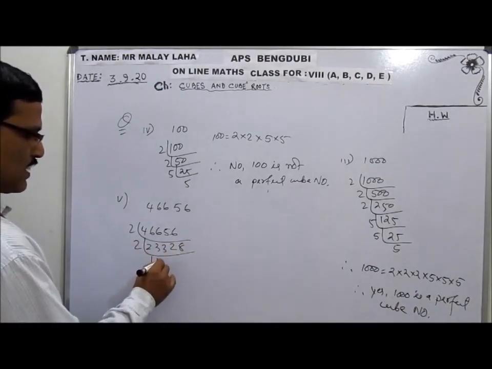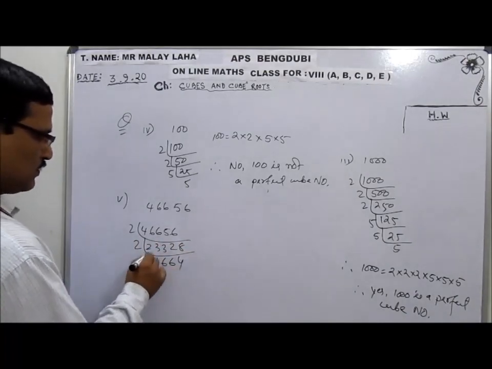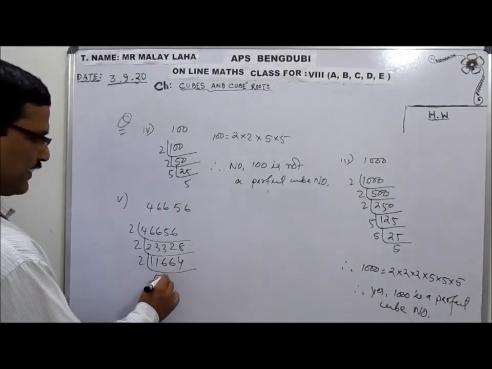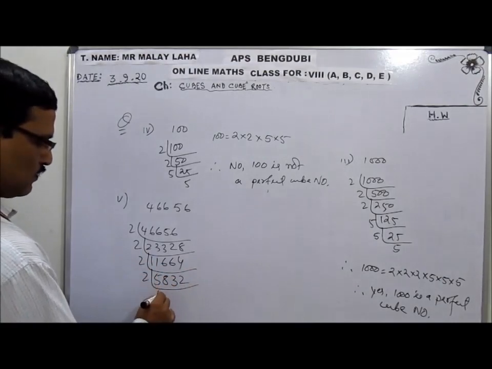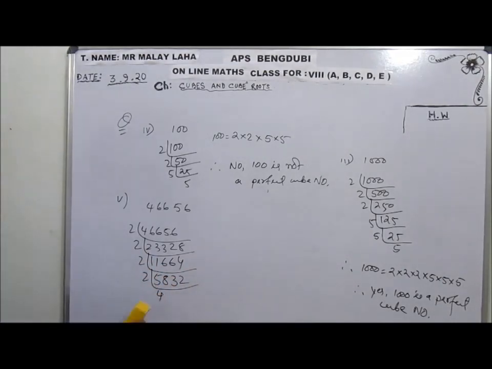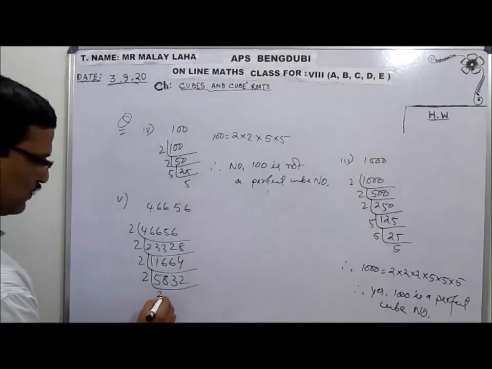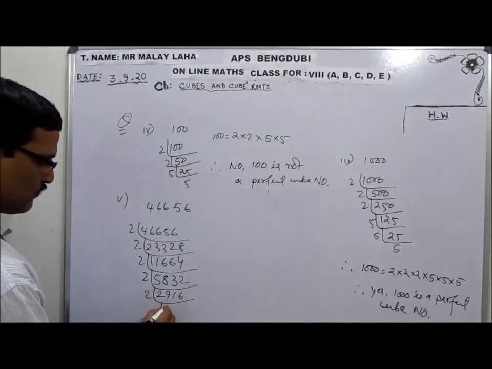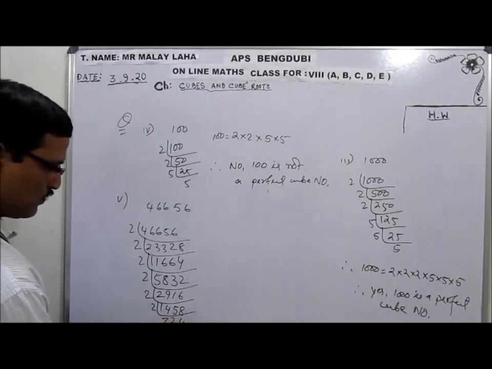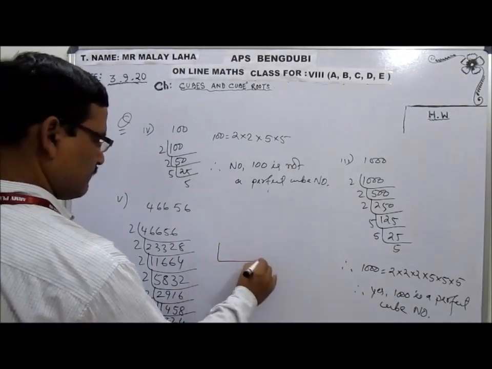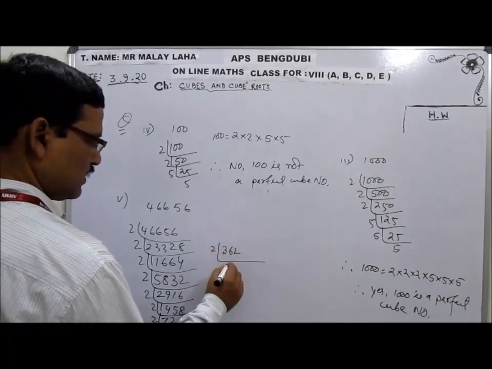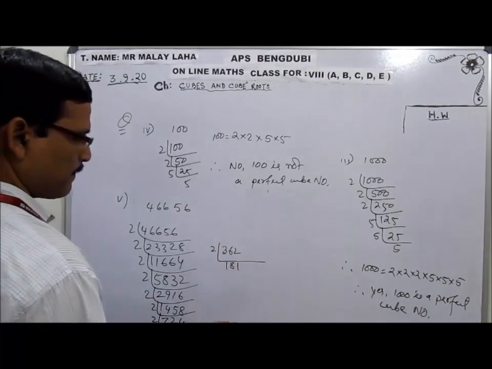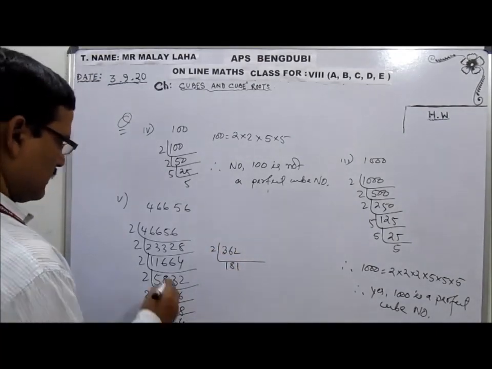Divide by 2. 11664, 5832, 2916, 1458, 729, and then dividing by 2 again, it will be 181. So is there any mistake?